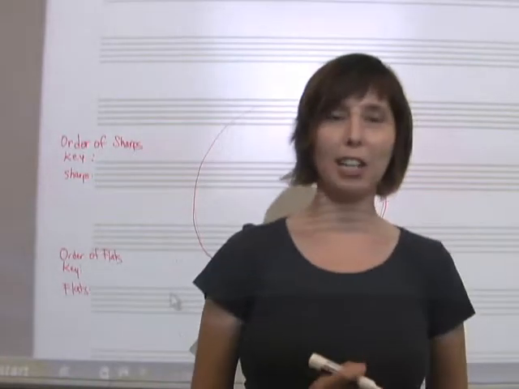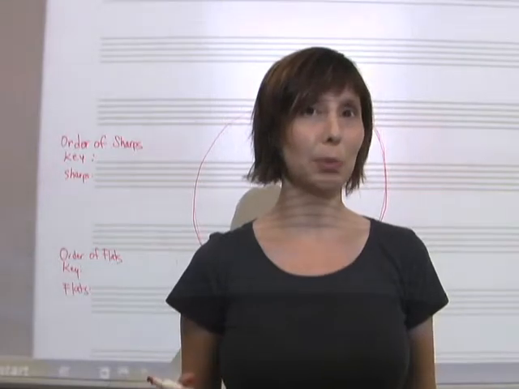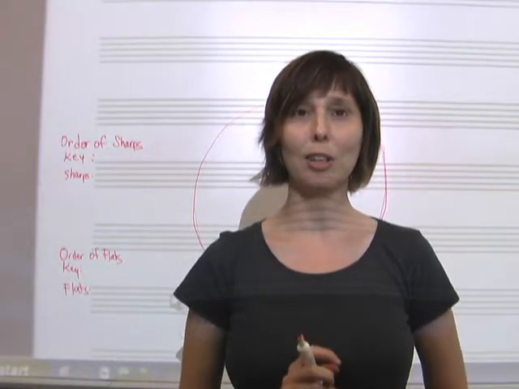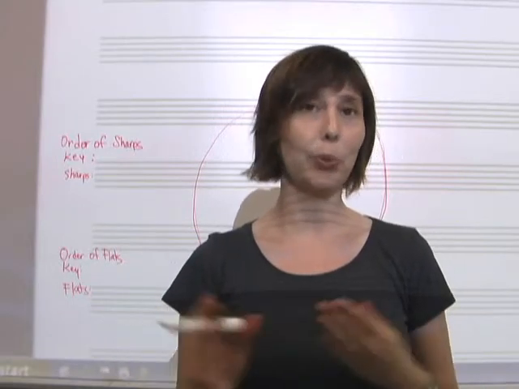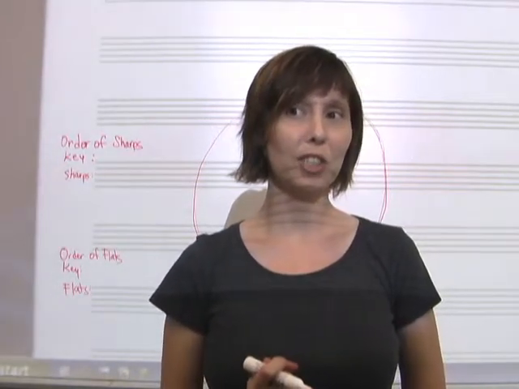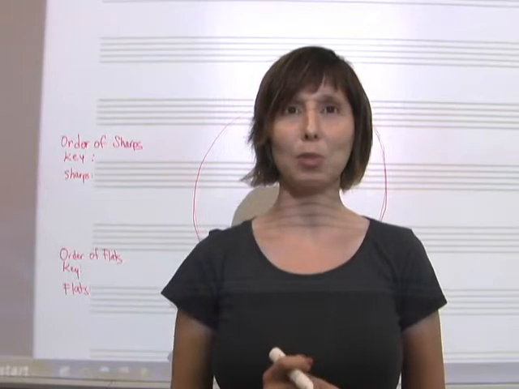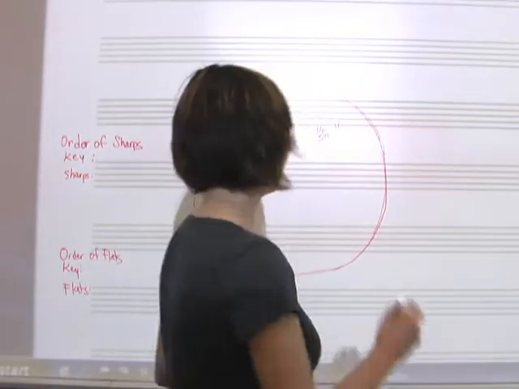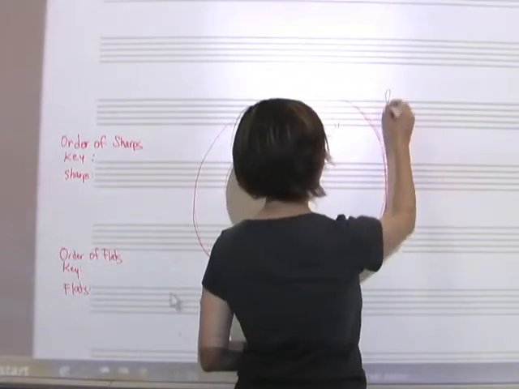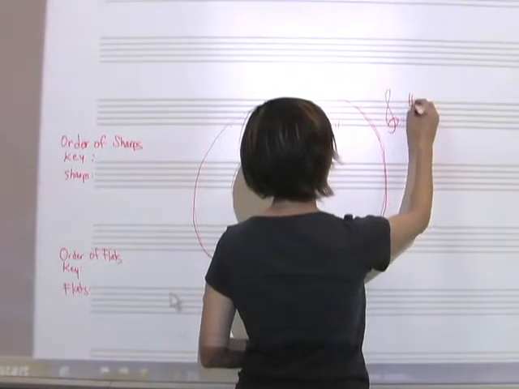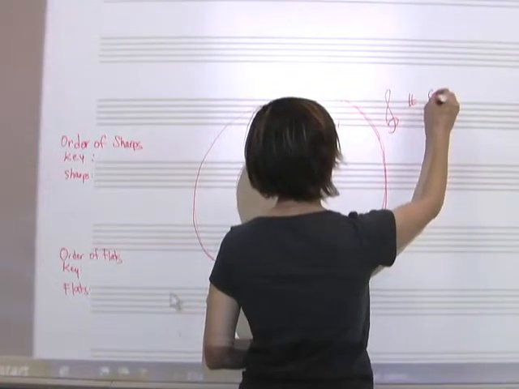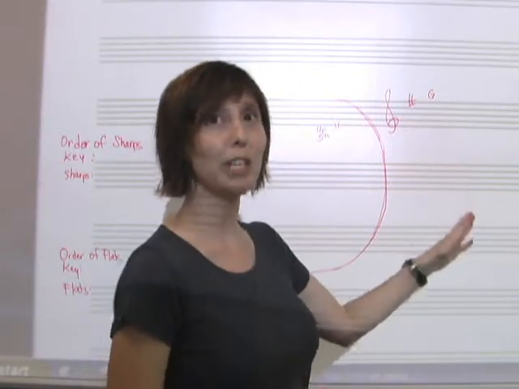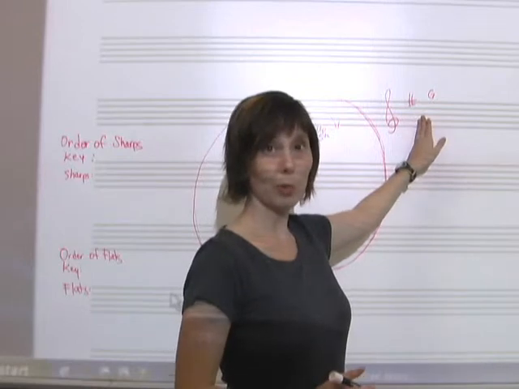If you want to find out what the sharp is going to be, you go down a half step from that note. So G is the key with one sharp, and to figure out what the sharp is, I just go down a half step from G, and I get F sharp. So right here, that right there is the key signature for G major, 1 sharp.